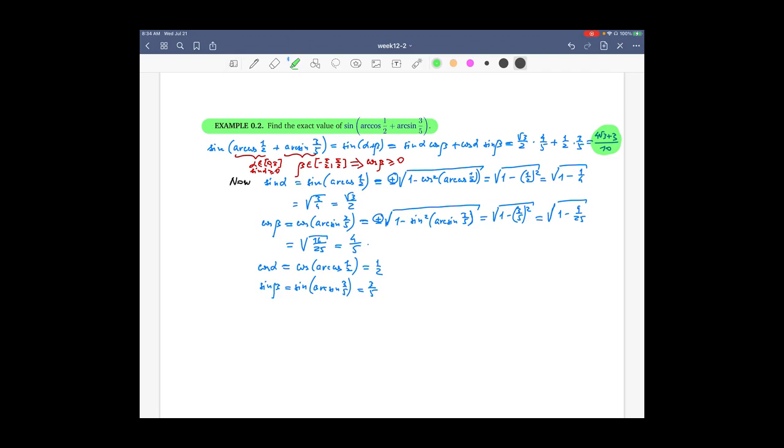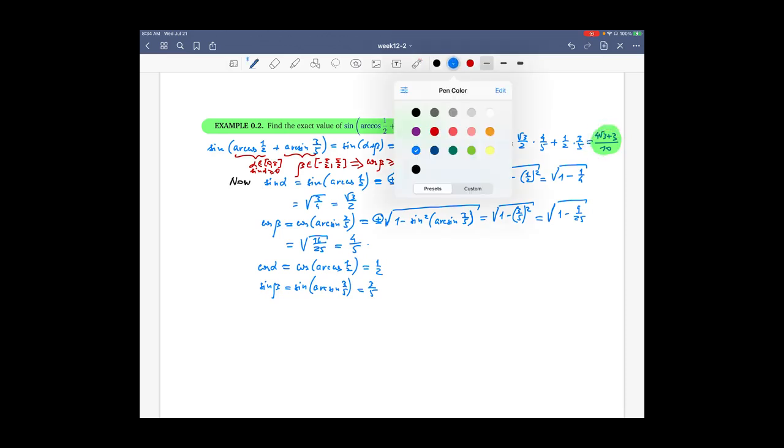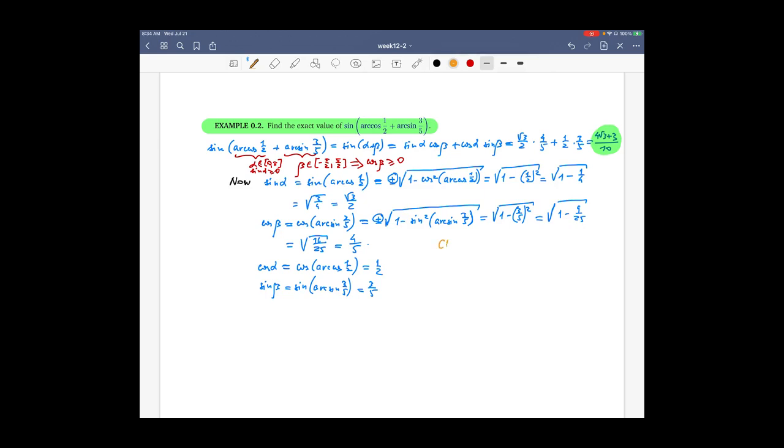It's also nice to check that this number actually is less or equal than 1, definitely positive. Just to know, it's sine of something. One good verification whether our answer makes sense is to check that this number is less or equal than 1.